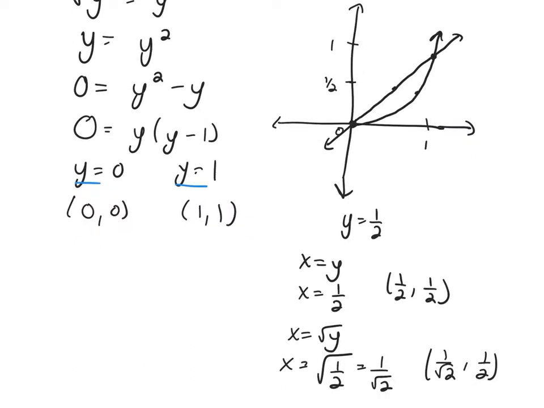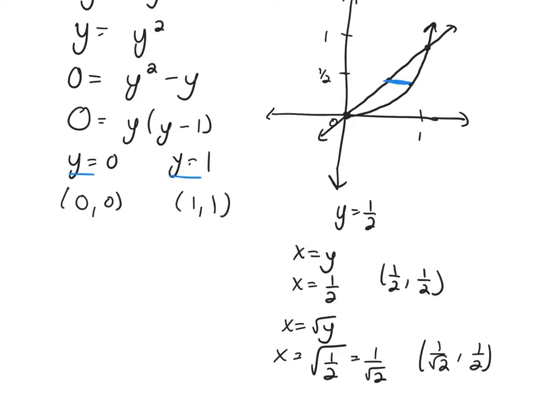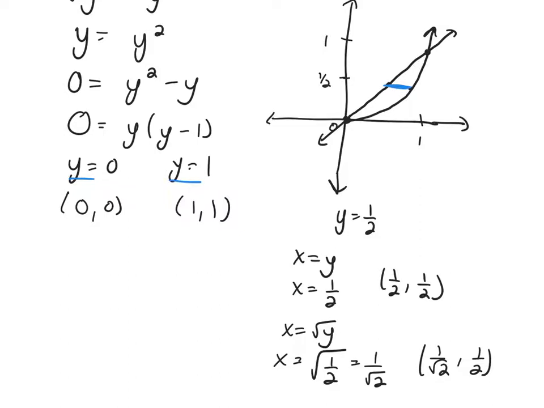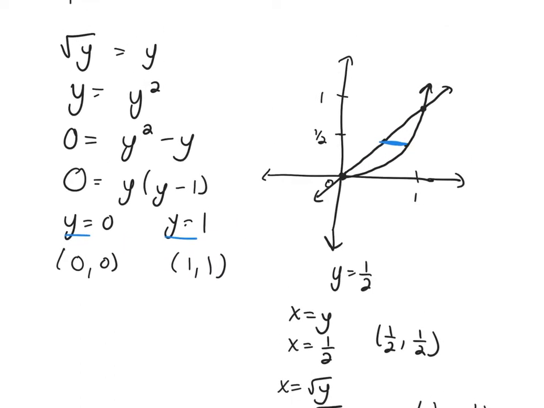Because everything is in terms of y, it makes sense to integrate in terms of y. And so instead, I'm going to think horizontally instead of vertically. You're going to do the right function minus the left function. So normally it's top minus bottom. That's when you're integrating in terms of x. But now you're going to think about right minus left.